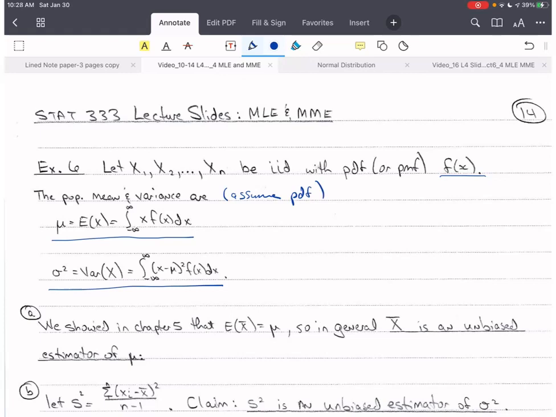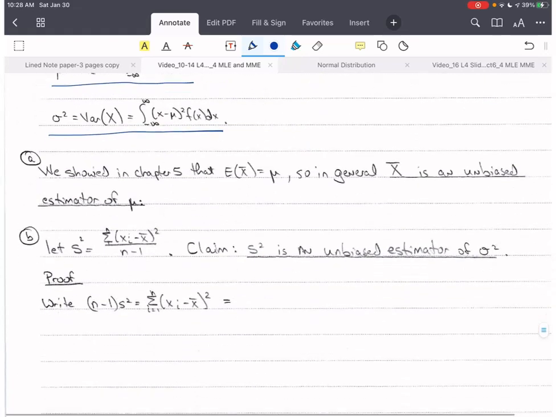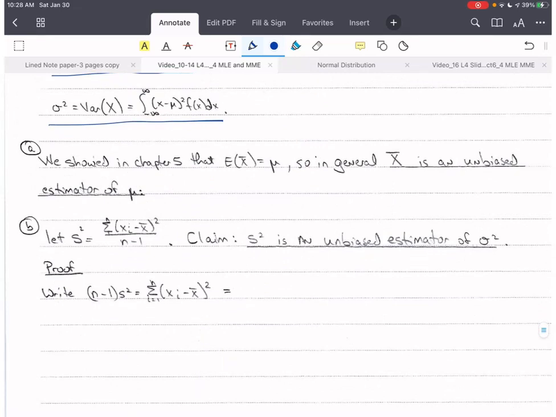But we know how to do this if it's discrete. We have to use summations instead of integrals, right? So this holds for the continuous case, and it may be a little easier for us to see. Okay, so we know that. We showed in Chapter 5 that the expected value of x bar is equal to mu, so in general, x bar is an unbiased estimator of mu, okay?